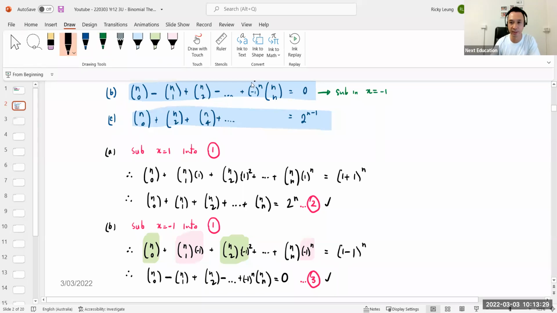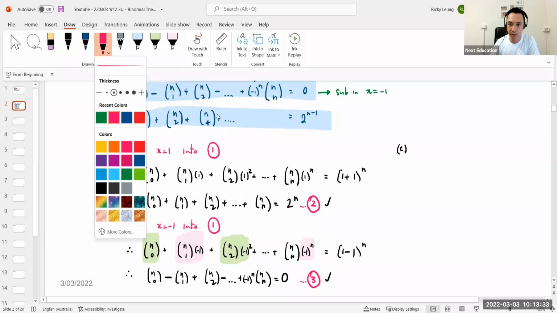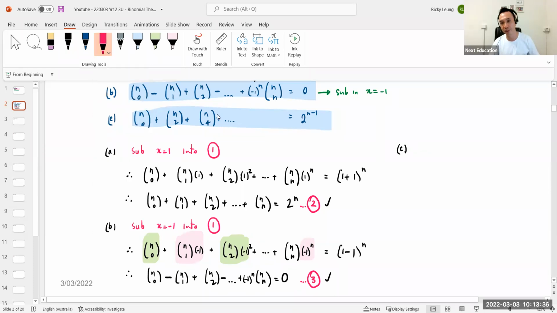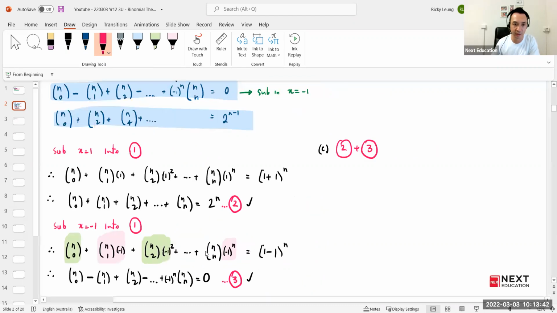So all we need to do for part C is state, I want to add 2 and 3. These are like simultaneous equations, right? I'm just going to add 2 and 3. So if I stack these two together, you can sort of see visually, this guy adds with this guy. There's 2 of them. This guy cancels out. This guy adds with this guy, 2 of them. Every odd one cancels out, but every even one, there's 2 of them.